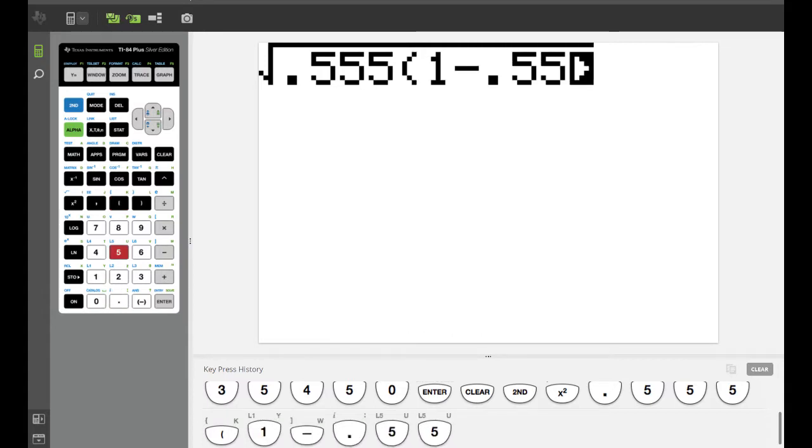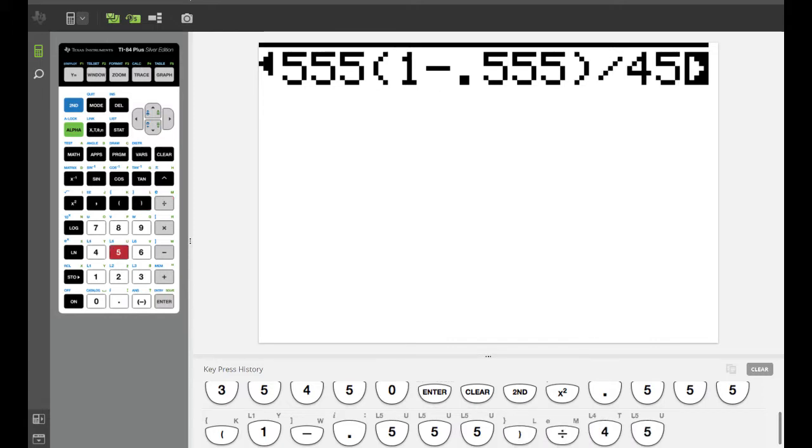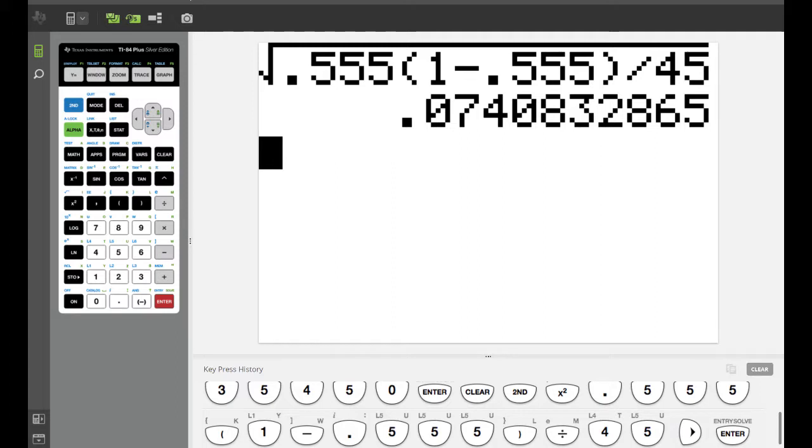Notice I haven't closed up my square root yet. And then I still need to divide this by the sample size of 45. And now we can close up our square root. We press enter. To 3 decimal places, we get a standard error of 0.074.